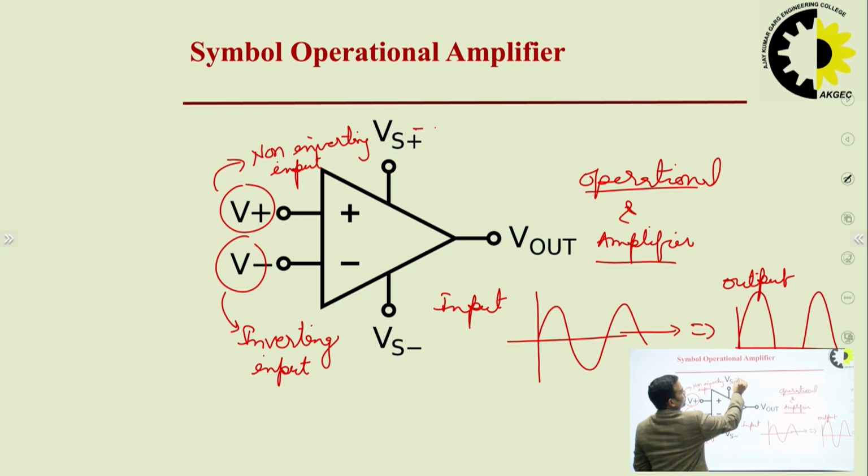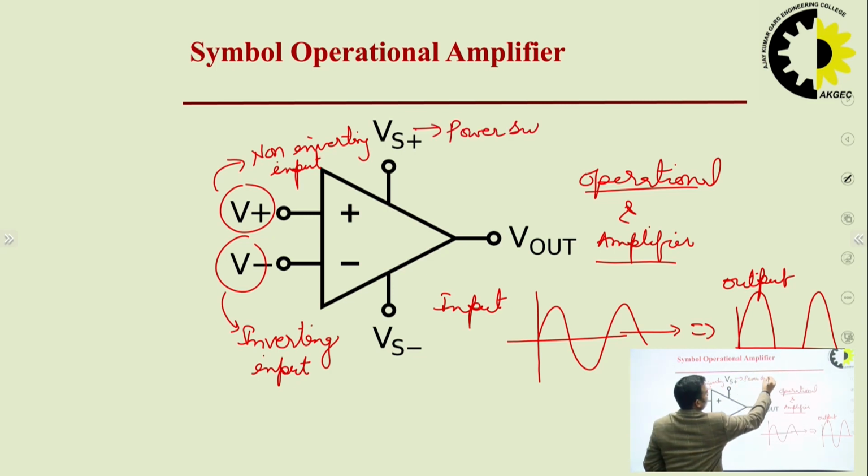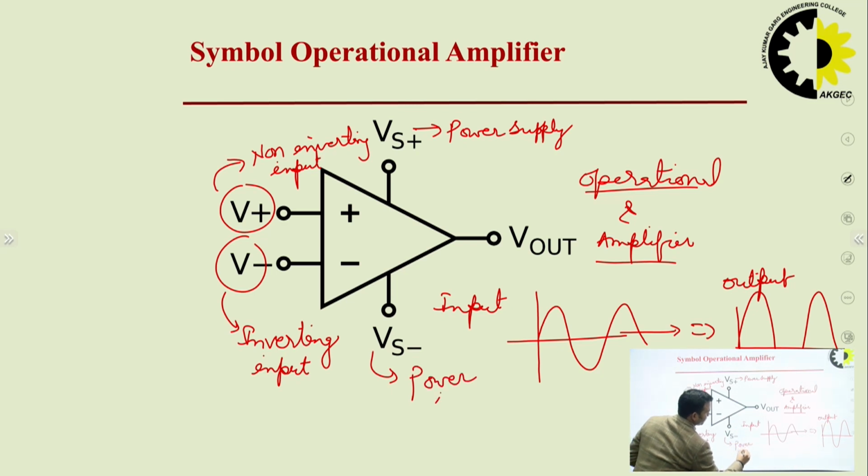And Vs is the positive power supply. And V negative is another negative power supply. And from this you can take output.